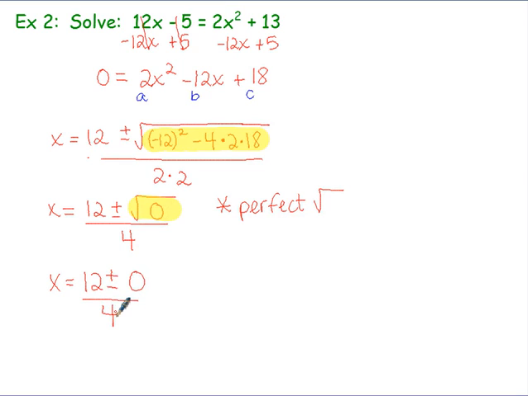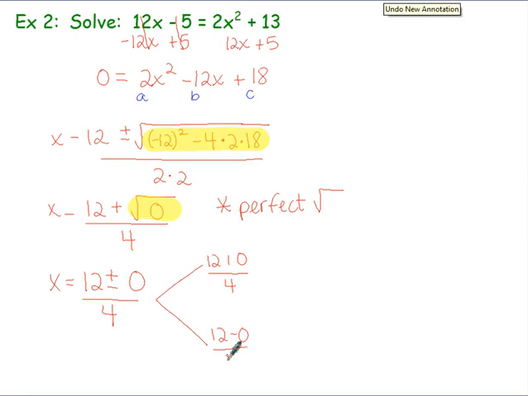Now we need to find our two answers. We have 12 plus 0 divided by 4, and we have 12 minus 0 divided by 4.